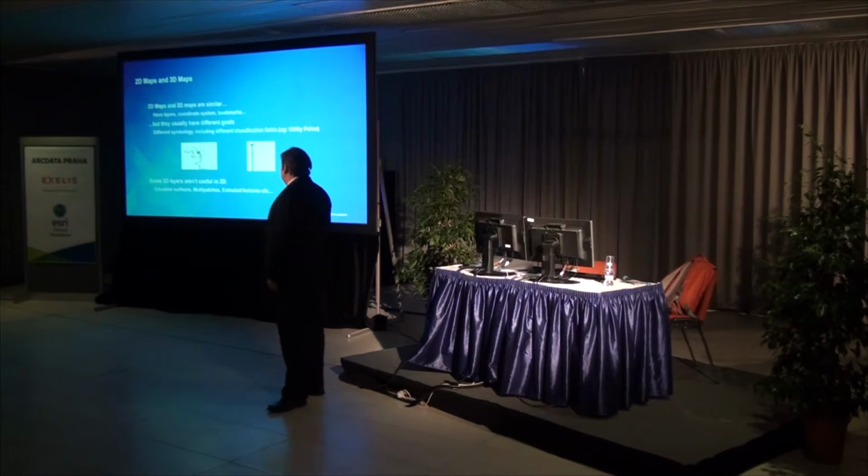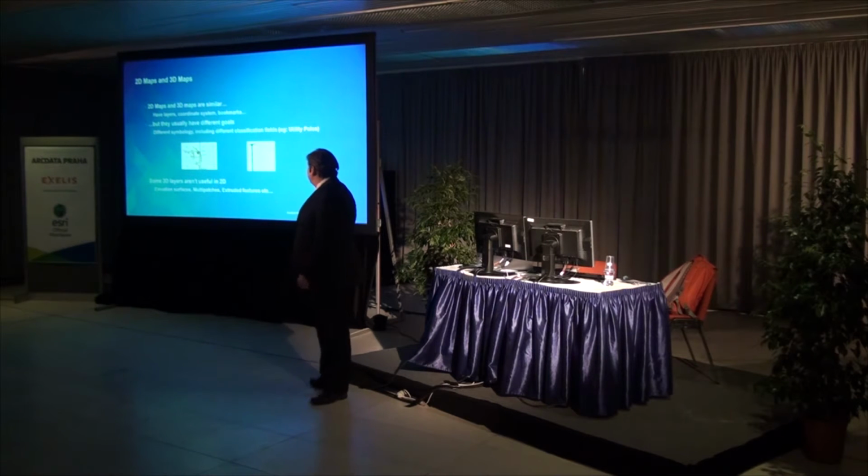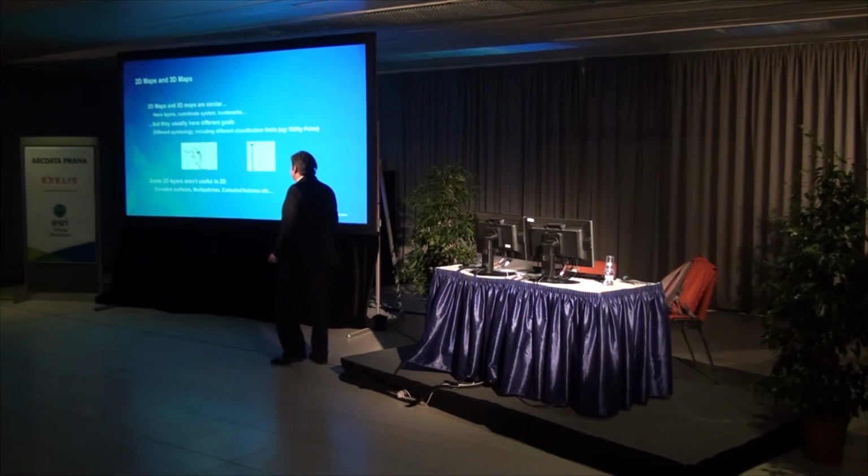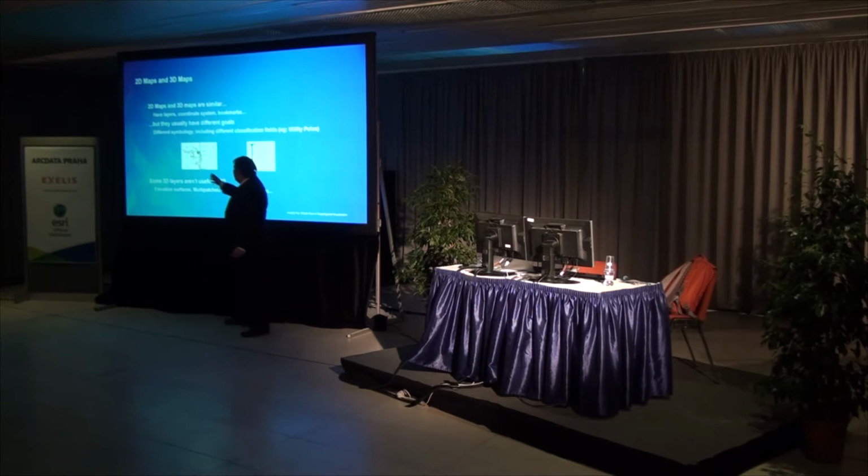In a 2D map, for example, you may be trying to display all the attributes or all the properties of, in this case, a power pole. You notice how I just did that? So in 2D, you're quite often displaying different kinds of information, and oftentimes wanting to display more information.